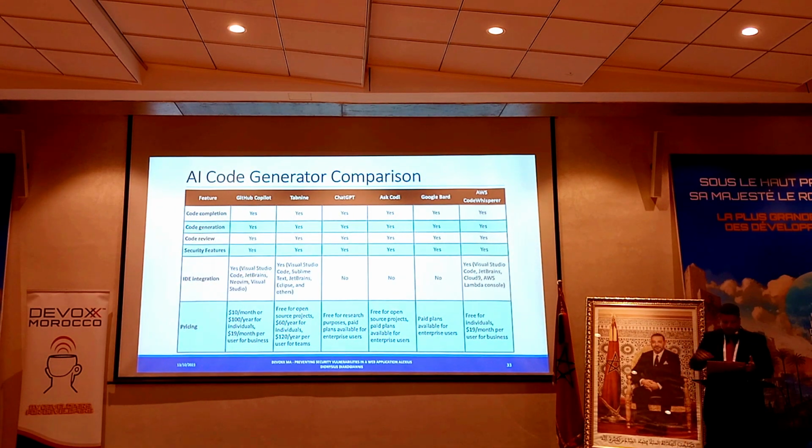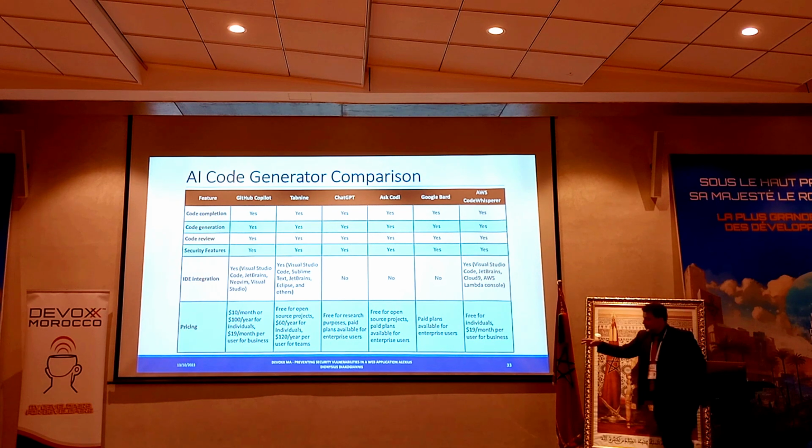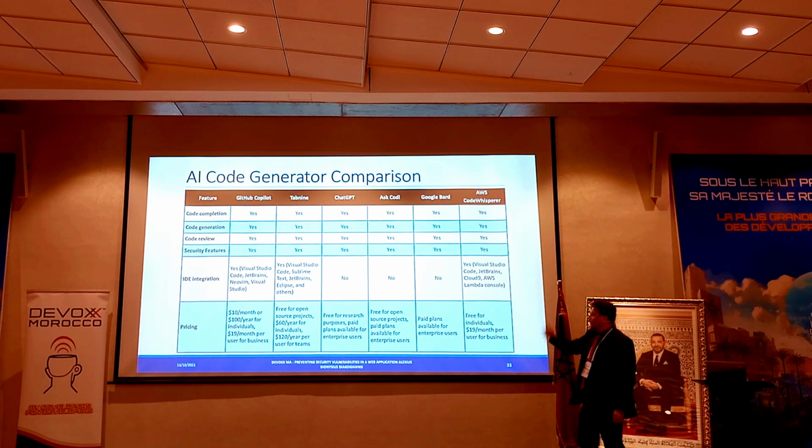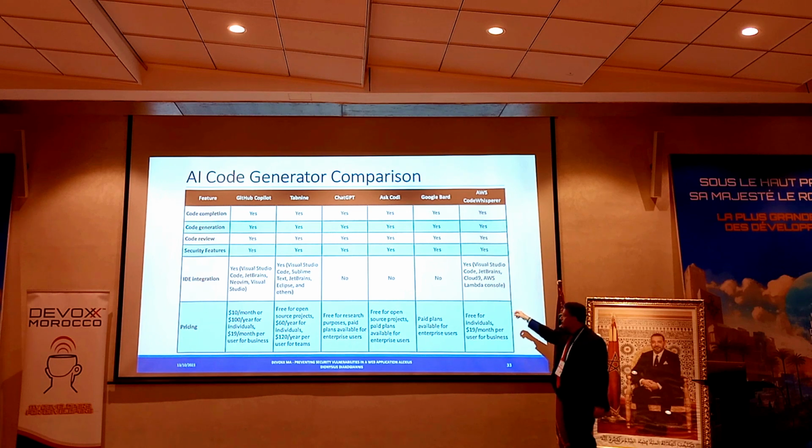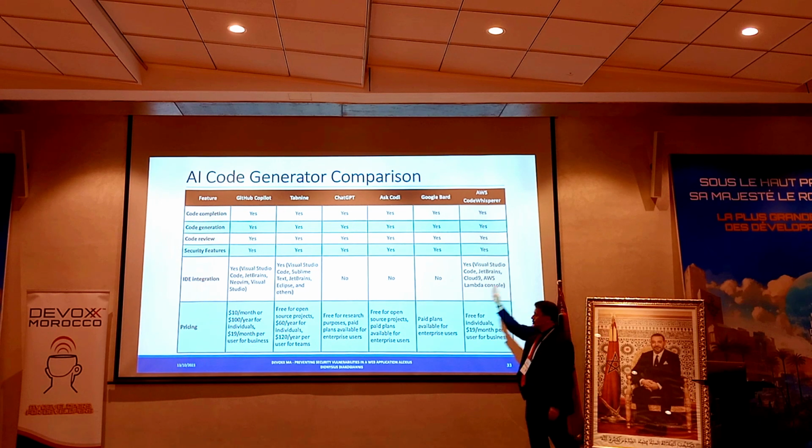So, I made a small table here so that I can help you. To help you a bit, if you are using AWS applications and you're using, for example, Cloud9 or JetBrains Cloud IDE, then go directly for AWS CodeWhisperer, but always use either PAR or ChatGPT.